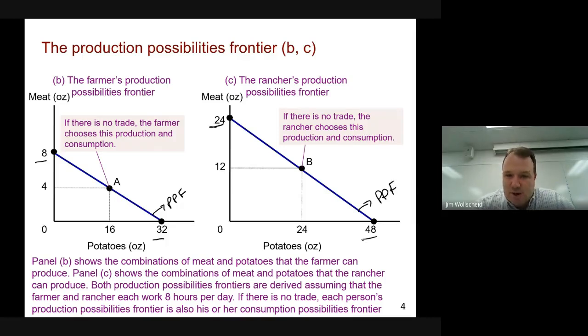And if there is no trade, what does that mean? Well, that means they can consume anywhere they'd like on that line. I just picked a point in the middle just to pick something. It doesn't matter. I could have easily picked something like this, which could have made it 18 and 12.